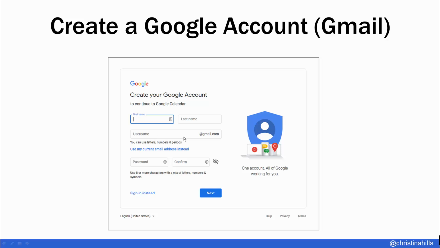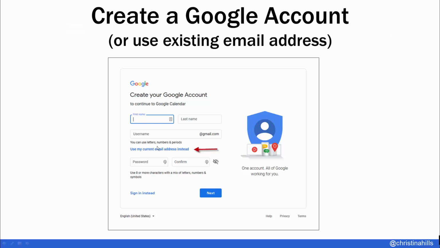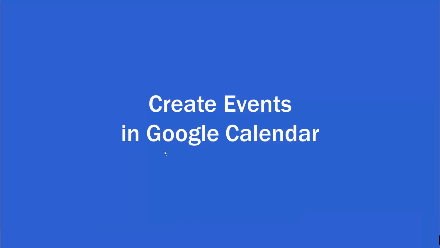I think it's a good idea to get a Gmail. And then you pick a password and you confirm. You can use an existing email address if you don't want to create a Gmail. I've never done that, but you can try it out. So it's very easy and quick to sign up for a Google account.